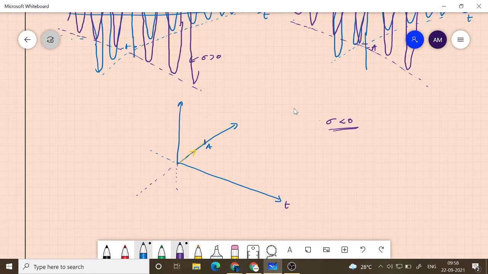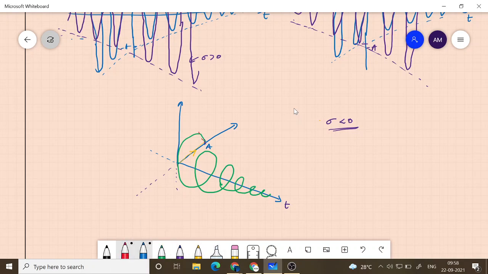Okay, so let me go with maybe a green color. You see that as it goes to larger and larger time, it has an amplitude reduction also. So hope you can visualize this.